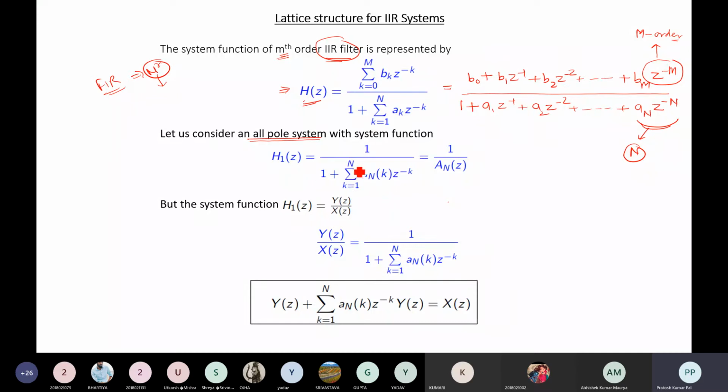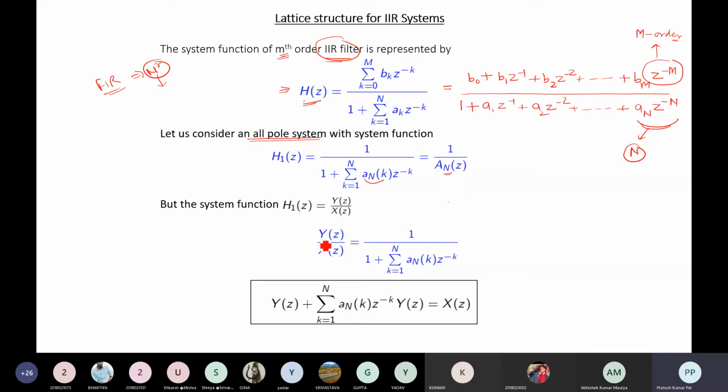These coefficients a1, a2, a3 up to an can have different values with respect to different k values, so they are given in terms of the k function. This denominator polynomial is represented by An of z, having order n, and it is a function of z. That is just for representation.